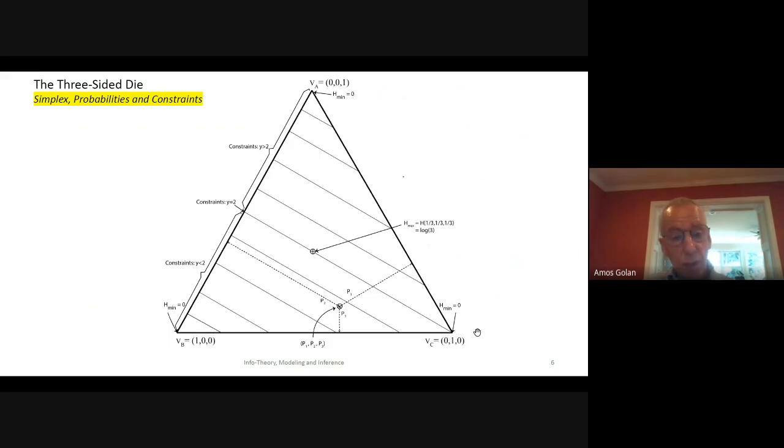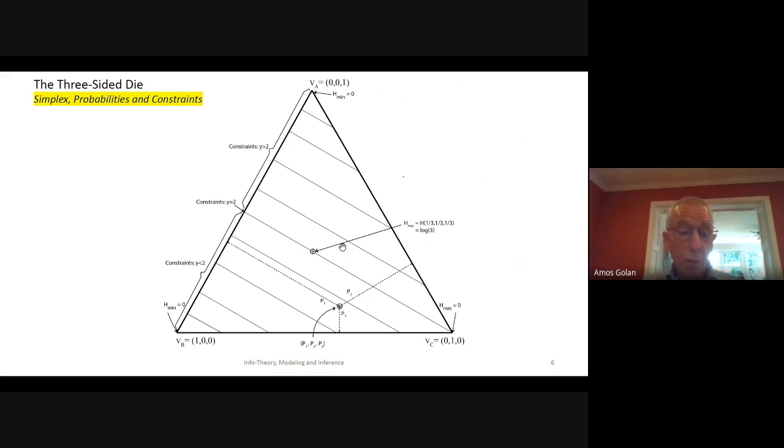So now we understand the problem, and the question is, which solution should we choose? Assuming the observed mean value after n games is 2, then infinitely many points on this line can be the solution.